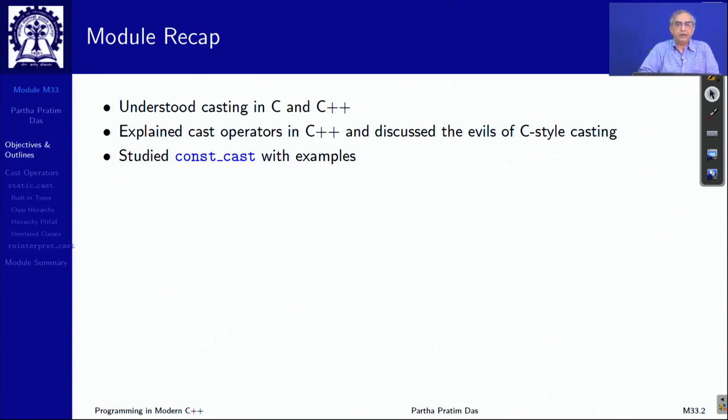In this context, we have seen one cast operator, const cast, with examples, which can be used to remove constness, volatility, CV qualifiers, and manipulate the CV qualifiers of different pointers, references and so on.